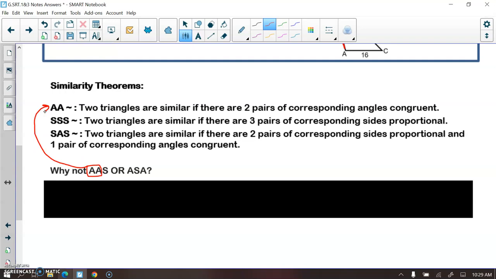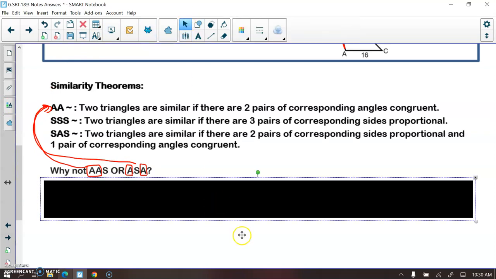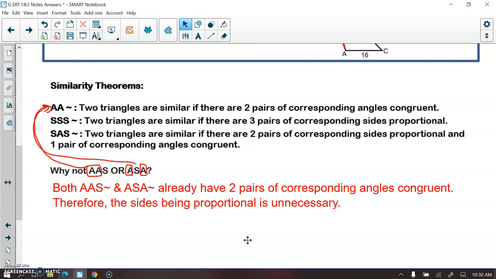So that one pair of sides proportional is completely unnecessary. Same with ASA. I already have two pairs of angles congruent, so I can automatically just use AA similarity to say that the triangles are similar to one another. S is unnecessary.